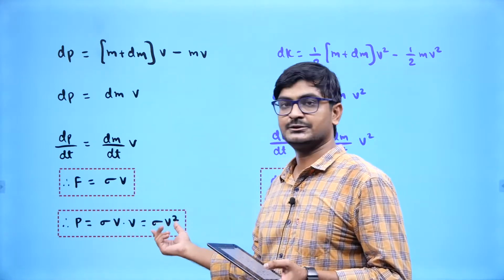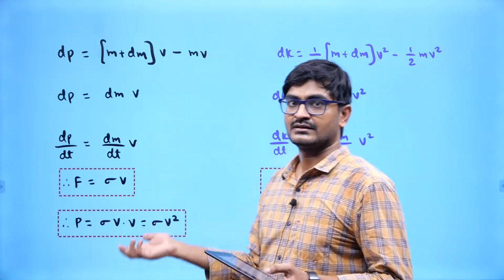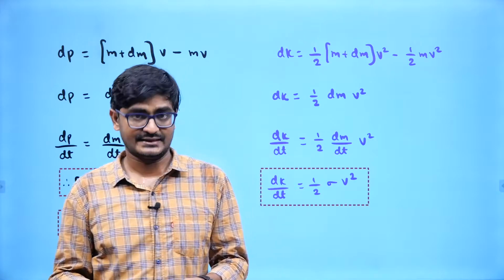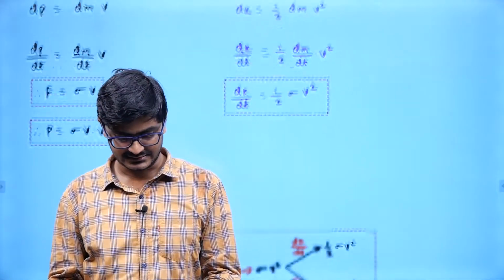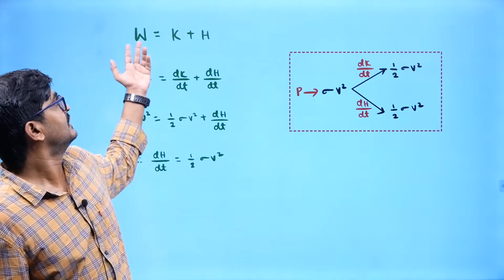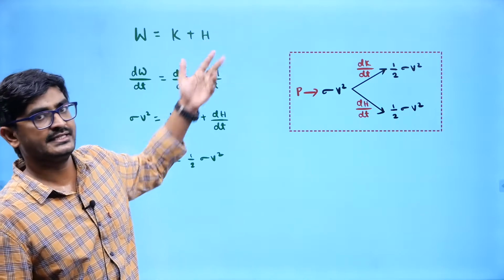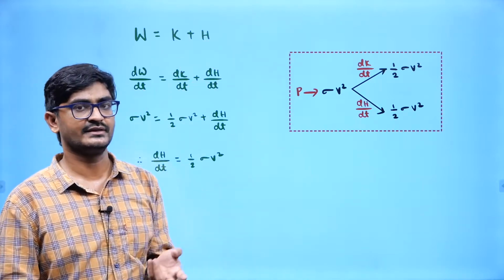We are giving this much power, but out of this only half of it is going as increment in kinetic energy. By energy conservation, whatever work is done must either increase kinetic energy or develop heat. There are only two ways right now.